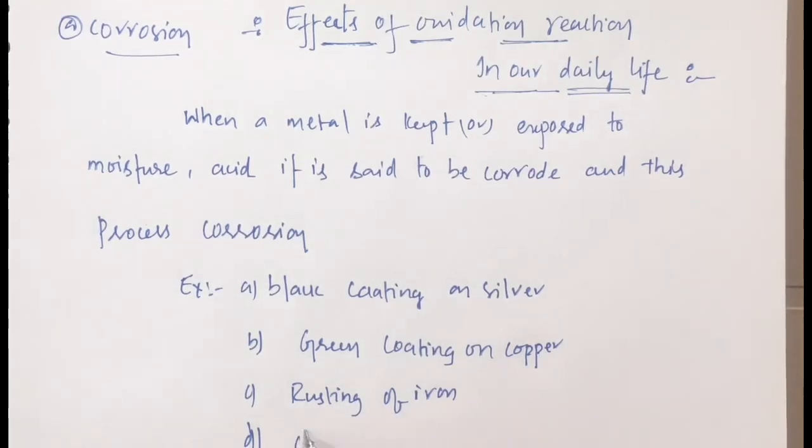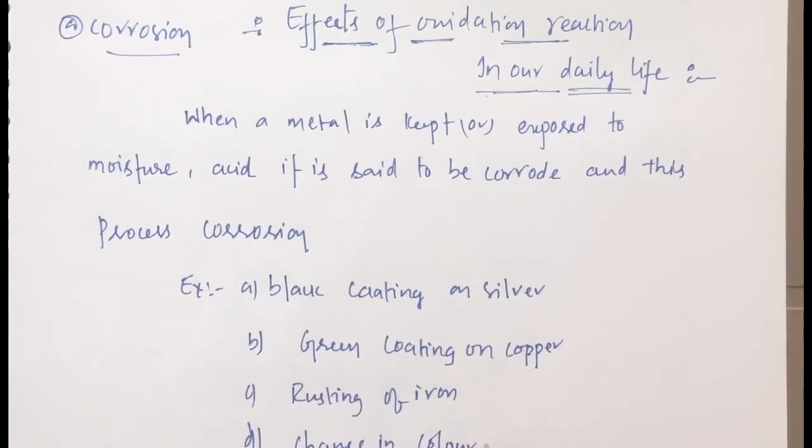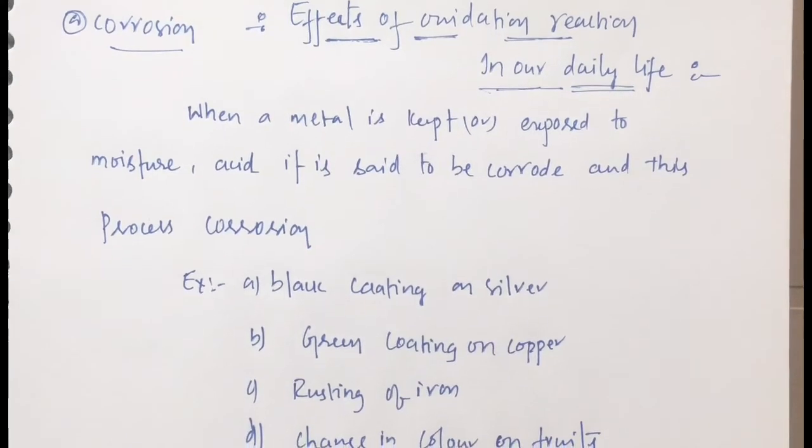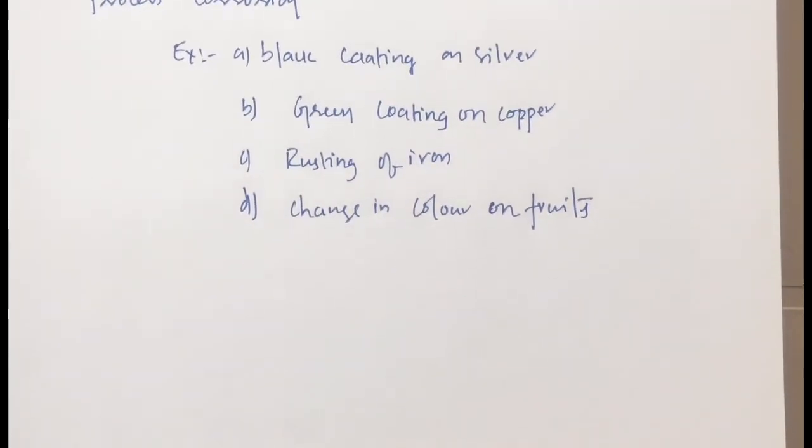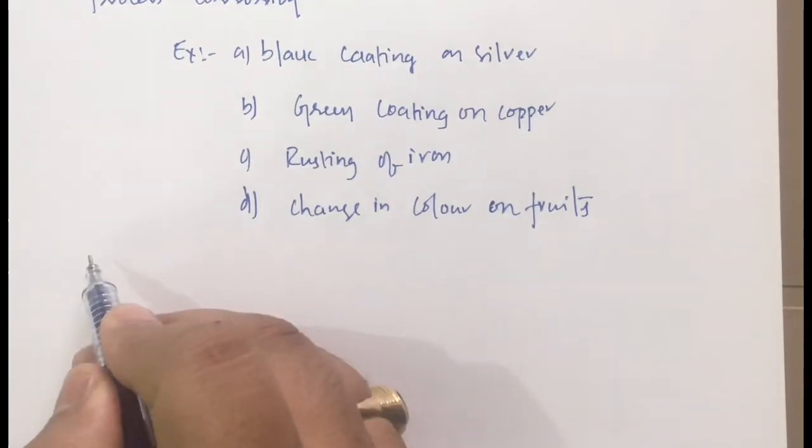That change in color on fruits is also an example of corrosion. Not only that, corrosion also causes severe damage to our car bodies, bridges, iron railings, ships, and all the objects made of metal, especially iron. So corrosion is a serious problem.